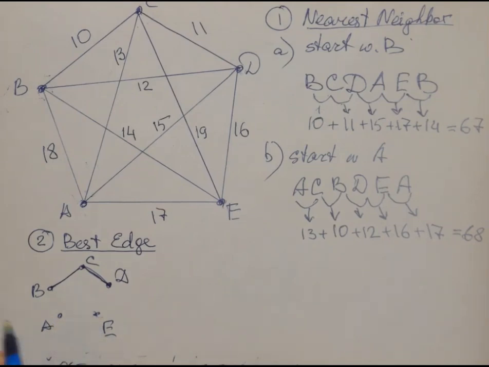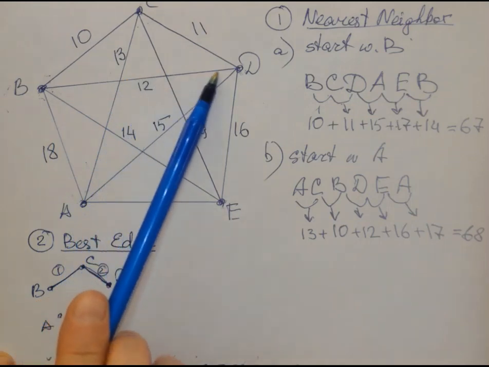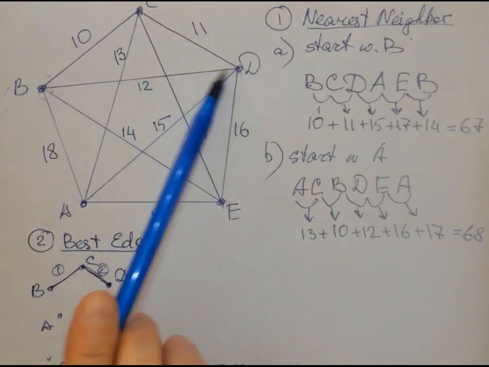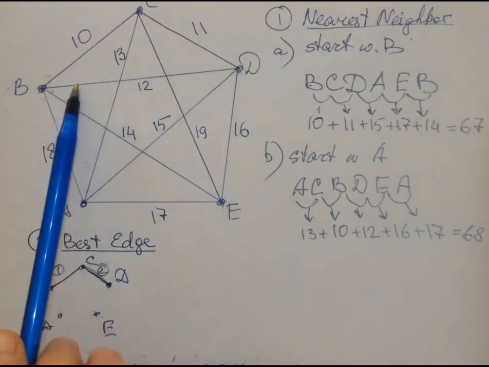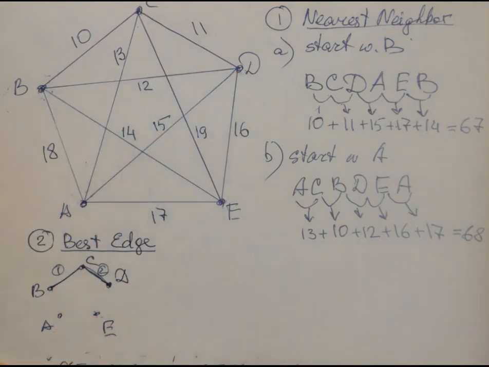So the third best, so it was the first one, the second one, the third could be BD, but it is not, since it will close our circle before we visit two other vertices.